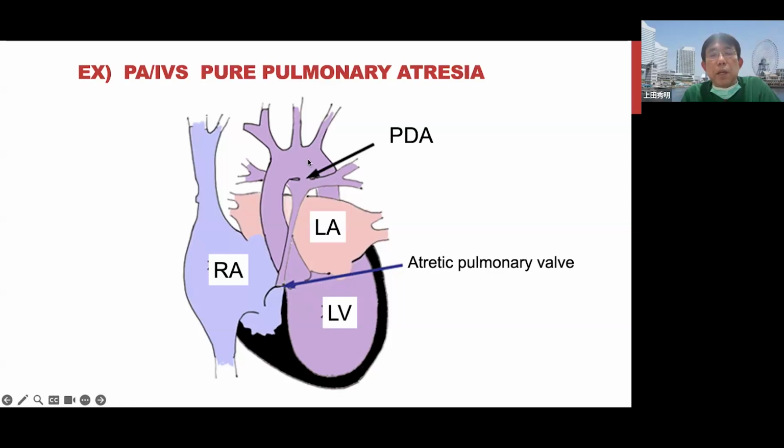Besides, there is a PDA here, and because of the PDA, it supplies the total pulmonary artery flow. So the purple blood will always enter the left ventricle, pass through to the aorta, and via the PDA enter the PA, and go to the lower extremities.